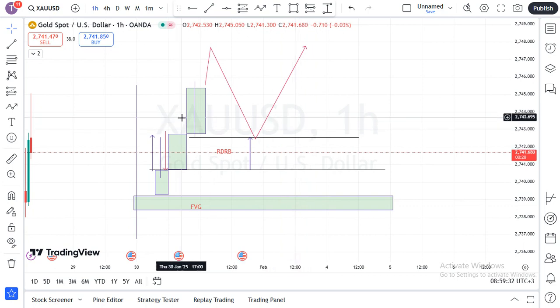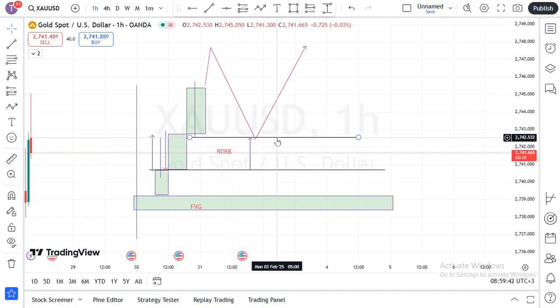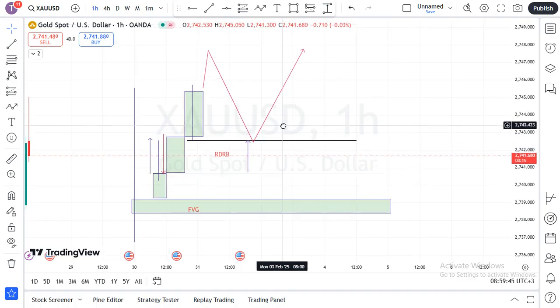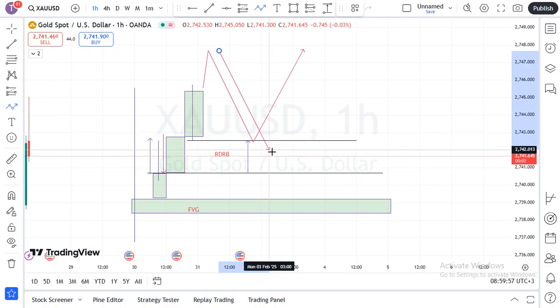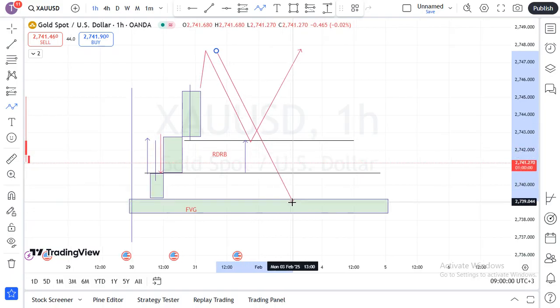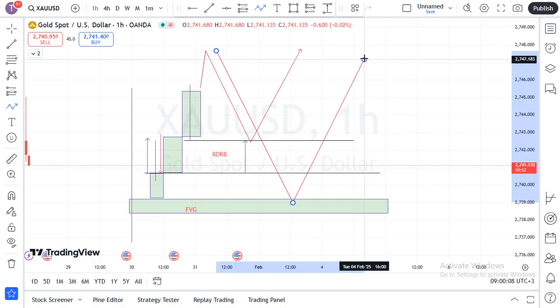As you know, the market is all about taking up the liquidity. So now this liquidity has been taken out. So most people, those who don't value this and then value the fair value gap, they will expect that this market will come and hit or mitigate this fair value gap, and then the market continues going down.